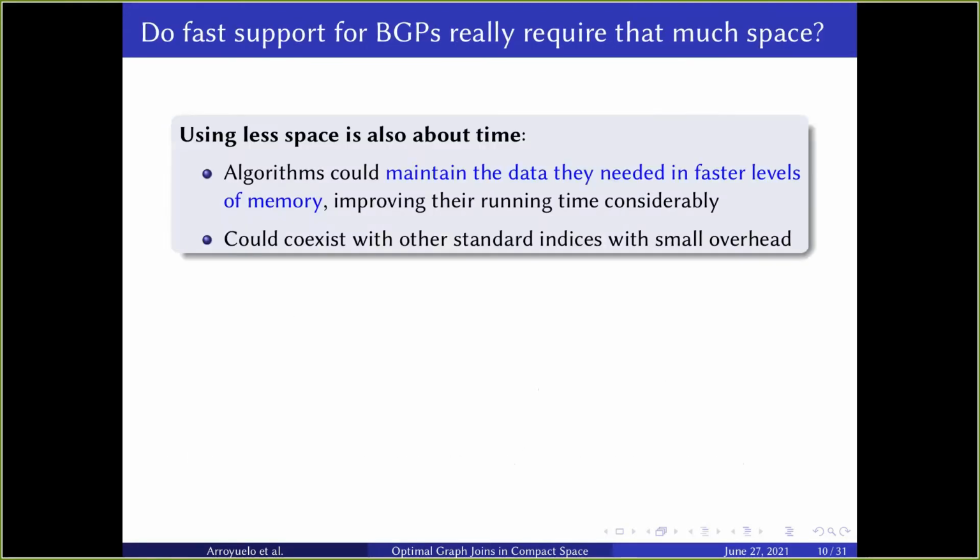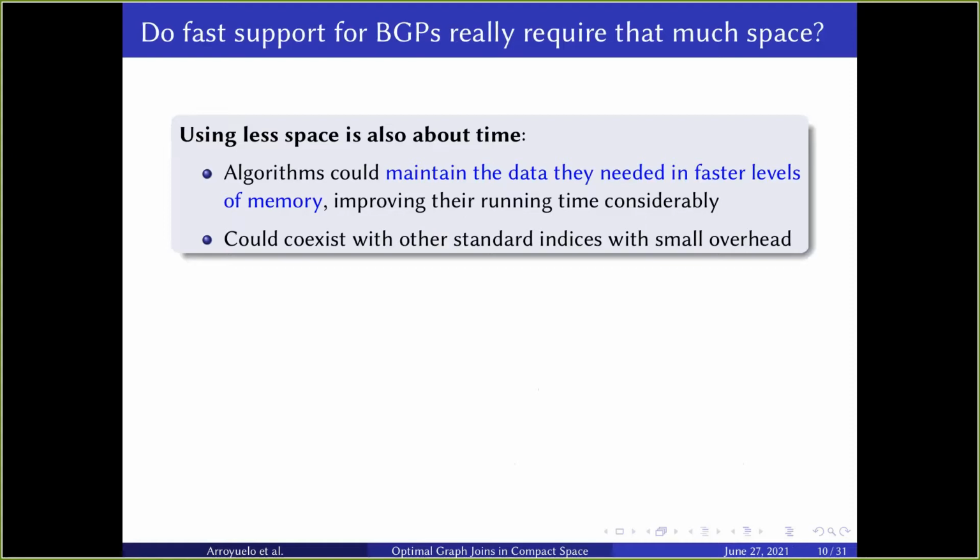So our goal is to understand whether we really need this much space to support BGP queries efficiently. And I just want to point out that using less space is not only about the space itself, but also about the time, because if you have a light representation of a graph that fits, for instance, in the RAM, then algorithms evaluating queries could benefit from it by simply having all the data they need in the RAM instead of having to resort to disk to read part of the graph during the evaluation.